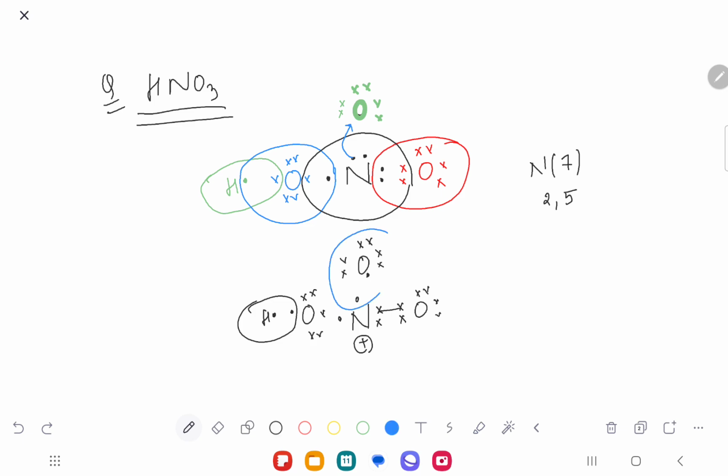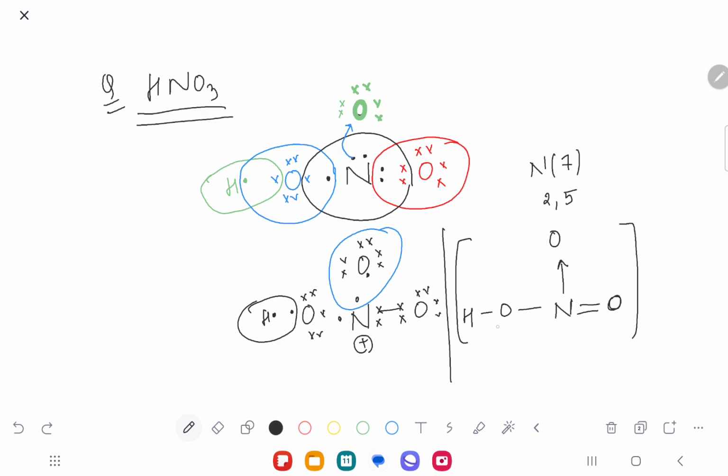Yes. And then the bond is formed. So what do you think we have? We have nitrogen, a coordinate bond to O, a double bond to O, O, and H. You understand my point? Yes. So this is the structure of nitric acid that we study, HNO3.